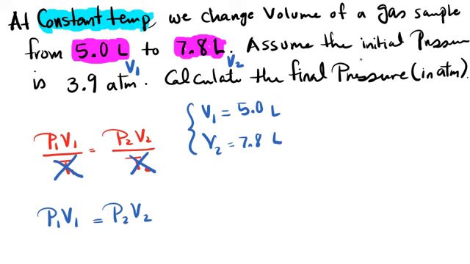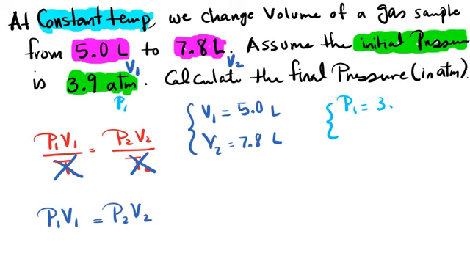Assume the initial pressure is 3.9 atmosphere. This is P1. And it says calculate the final pressure, and the unit for the final pressure is atmosphere. So P2 is what we need to calculate.